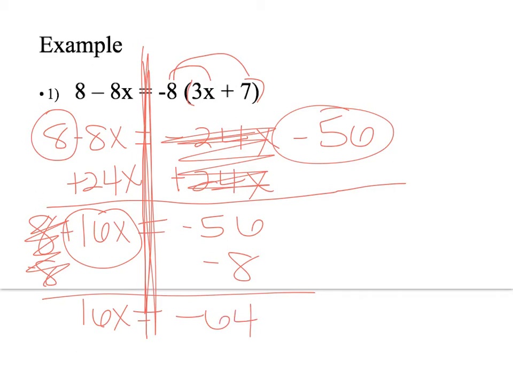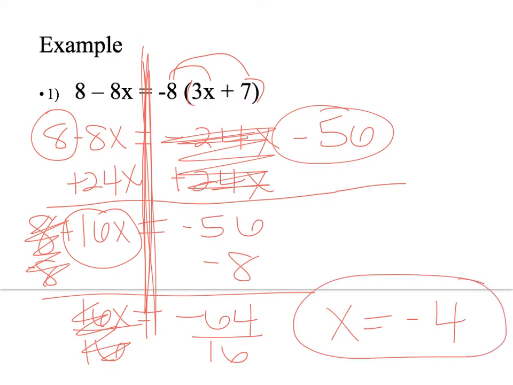And then your last step is to divide. You move your coefficient by multiplication or division. In this case, the opposite of multiplication is division, so x is whatever negative 64 divided by 16 is, which is negative 4. That's our final answer.